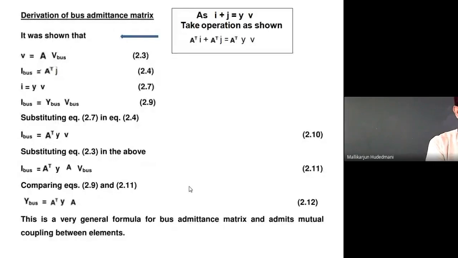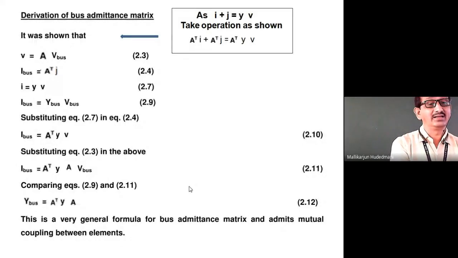If I operate the standard equation I bar plus j bar equal to y into v bar by a multiplier A transpose, I will get A transpose into I vector plus A transpose into j vector equal to A transpose into the primitive admittance matrix Y into V. So when I have this equation, look at the arrow I have mentioned. From the earlier discussion, when we wanted to look for the A matrix, you recall the first term A transpose I was 0.